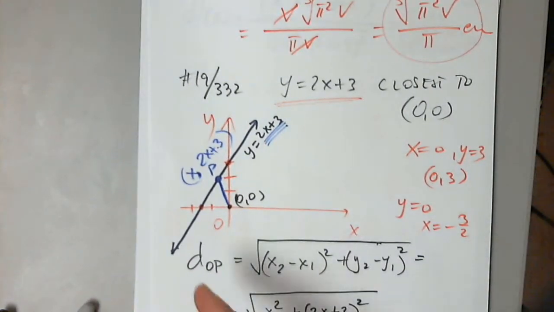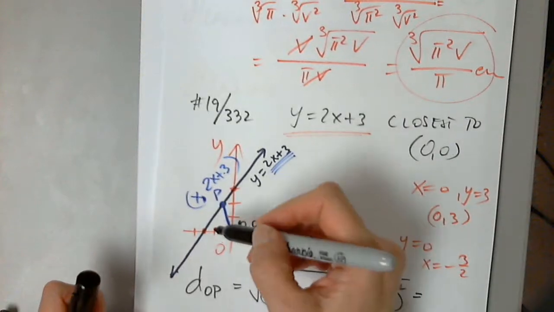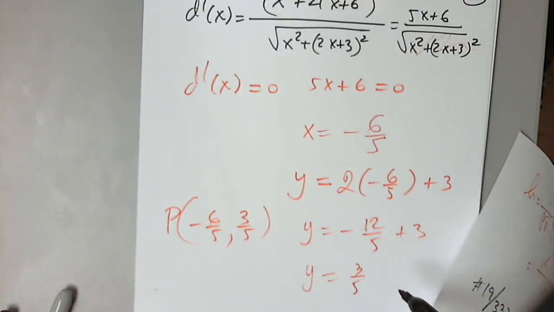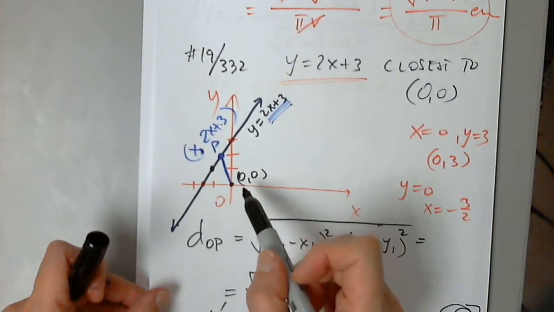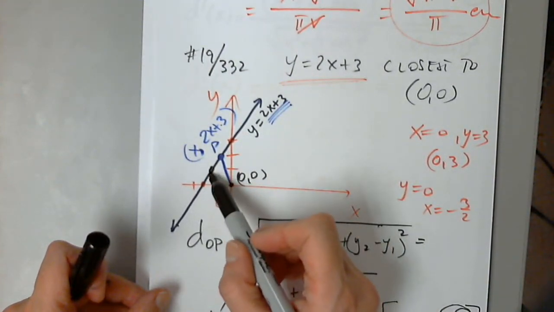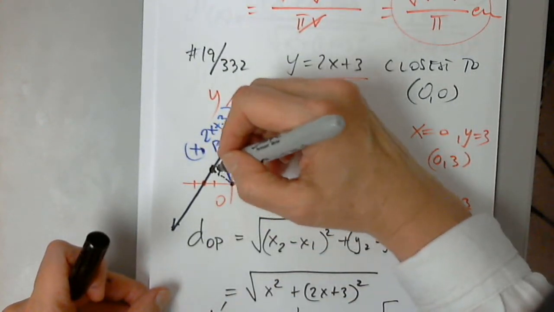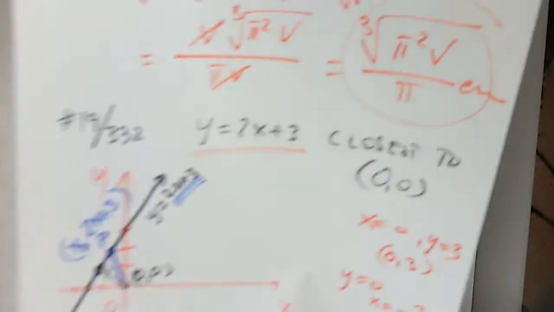So this point P is not that, obviously. So it's negative 6/5, which is negative 1 and a little bit, somewhere there. And it has to have 3/5, which is roughly 0.6. My graph is not correct. So it should have been somewhere here. And obviously we expected that because it has to be perpendicular. That's the shortest distance. But we haven't shown that yet.